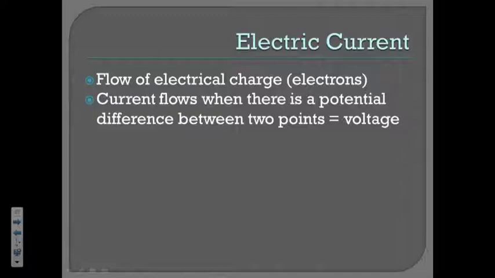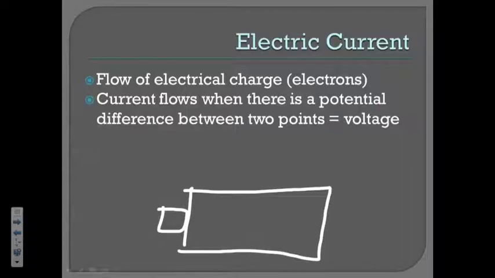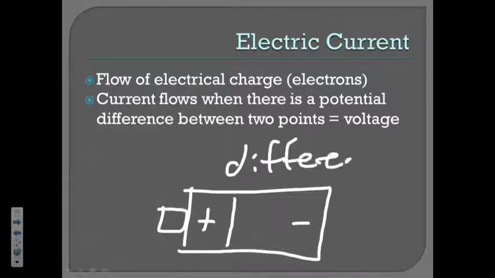So let's talk about our battery again. We got our battery down here, and this is our positive end, this is our negative end. And what this battery has is a difference in charge. When the battery is just sitting there and there's no wire connected, it has potential to send electrons through, but it's not sending electrons through, but it has that potential to.